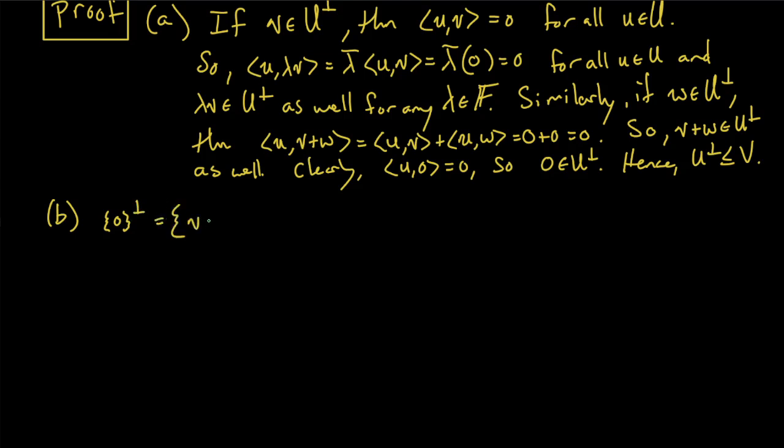This is the set of v in V such that ⟨v, 0⟩ is equal to 0. Right? Because there's only one thing in U here. But this is just everything. Right? Okay.